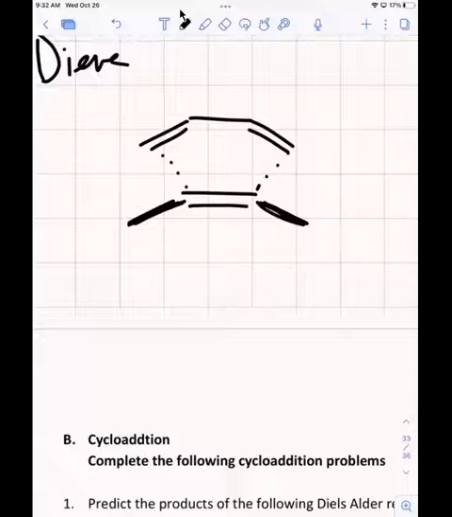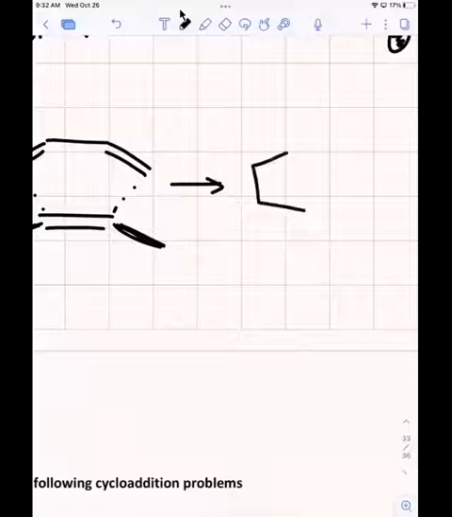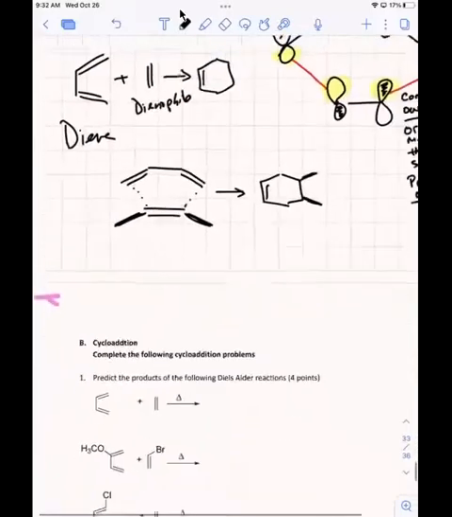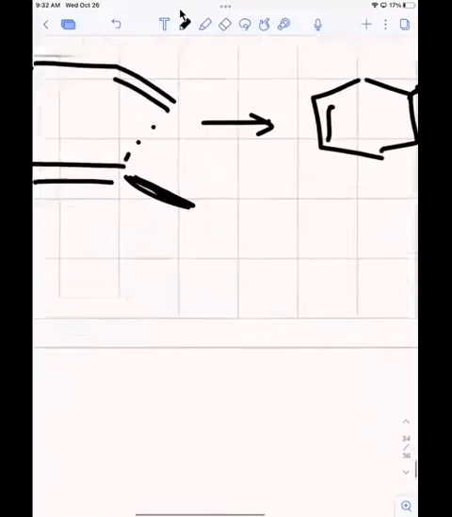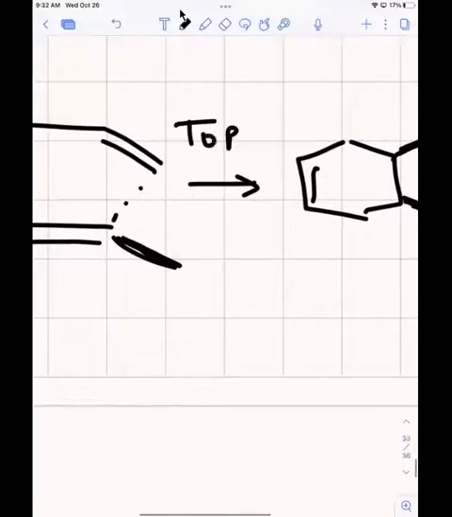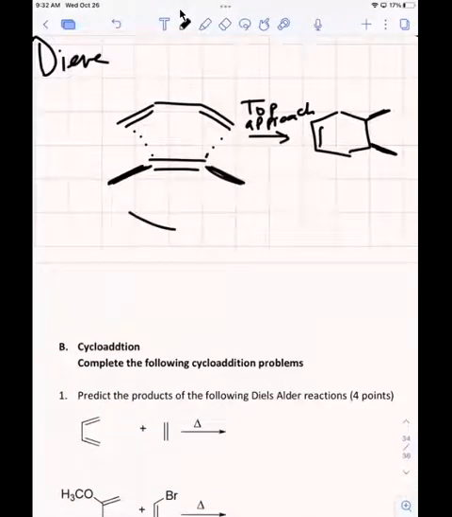There's no bond rotation, nothing. So that's why when you get the product, those two groups are still cis. It's because of the nature of the transition state, right? And if the diene came from the bottom, I'm gonna just put this here because it can, right? The diene came from here.